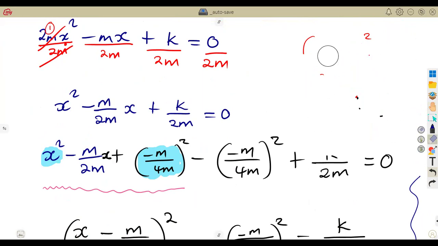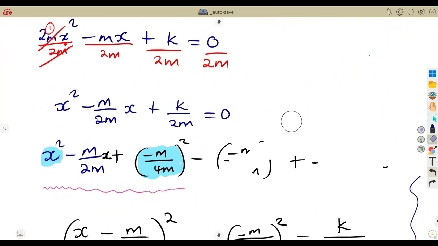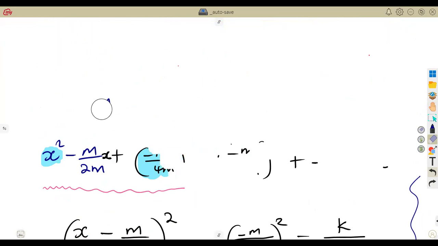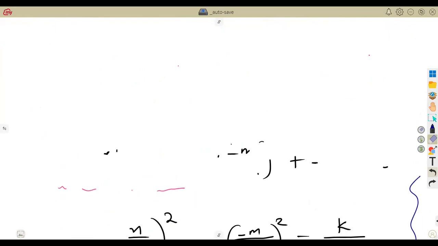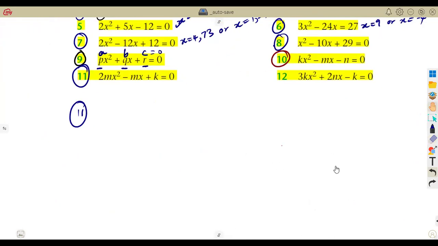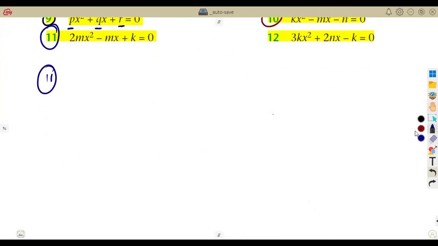But we could have simplified it that way. The answers will be mathematically different in terms of presentation, but in terms of meaning, they'll be the same thing. So let's see how we could have worked this out.